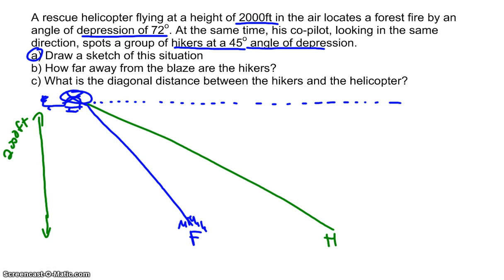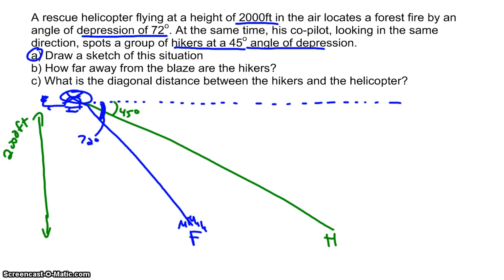But we can make two triangles with these angles of depression. The first one, if you remember, I'll mark it in blue, said that it was going to be 72 degrees. Now, the second angle was at 45 degrees. So a 45 degree angle and a 72 degree angle.